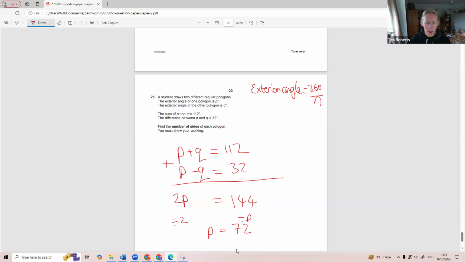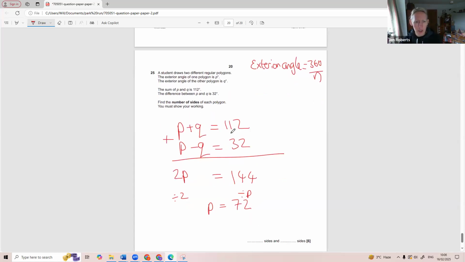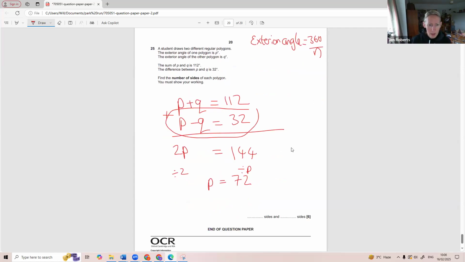Now I'm going to use this equation to work out what my Q is. P is 72. We know 72 minus Q equals 32. So what you take off 72 to get 32, it's just 40, isn't it? So Q is 40.